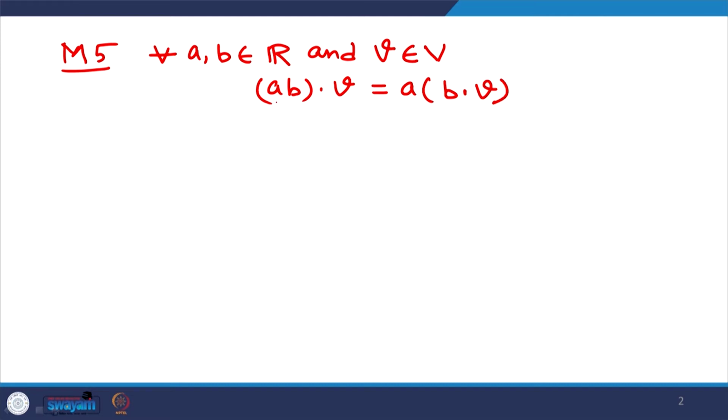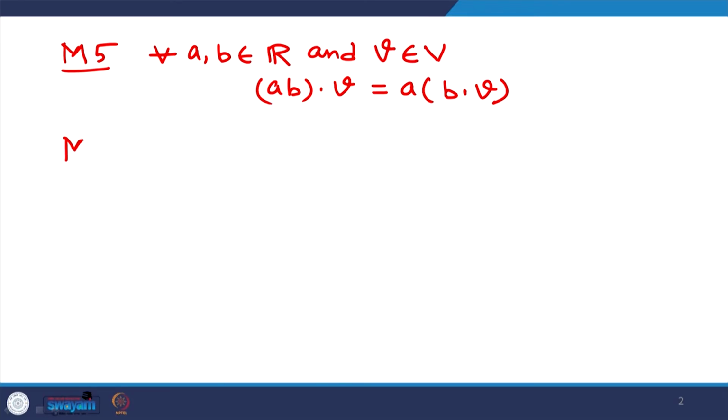So, in left hand side we are multiplying a and b first and then we are multiplying this scalar to the vector v, while on right hand side we are multiplying b first with v and then the vector b dot v we are multiplying with the scalar a.